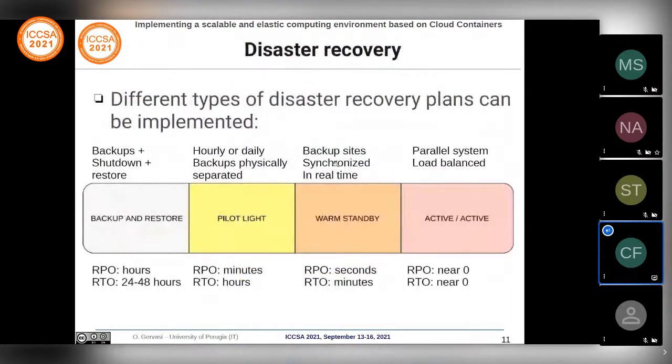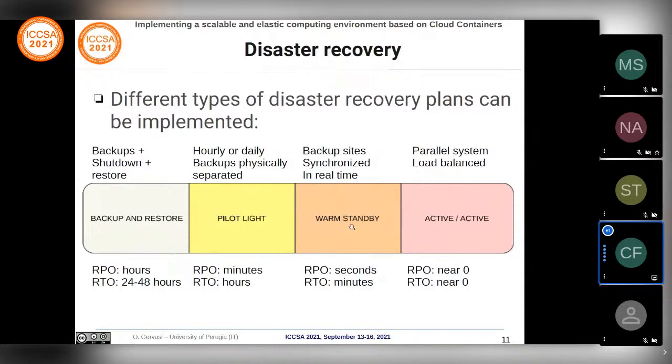Okay. We may have different implementations of disaster recovery. The first one is, as I said, backup and restore. The pilot light is an implementation where we have a backup physically separated. In this case, the RPO is of the order of minutes and the RTO of hours.